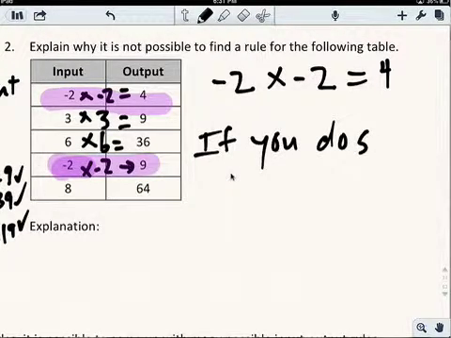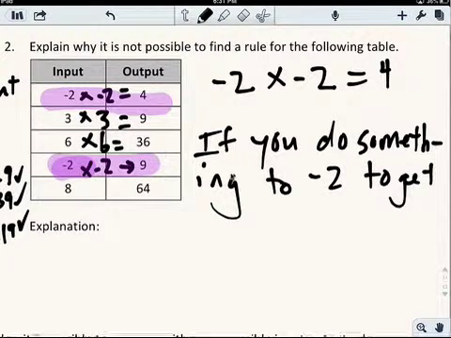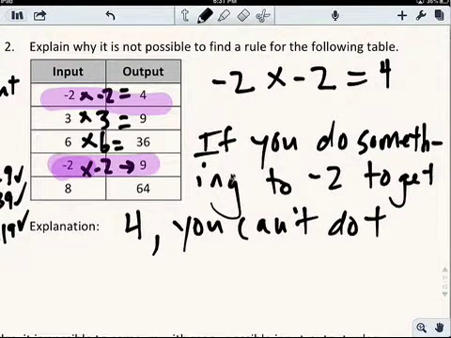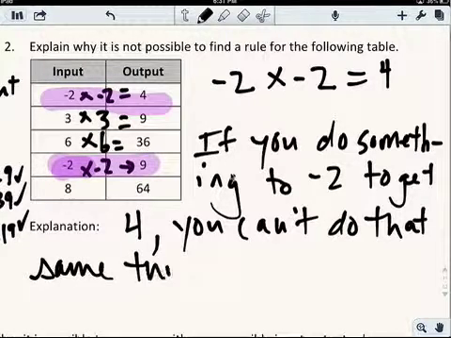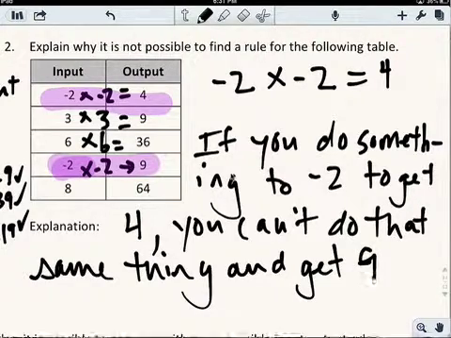If you do something to -2 to get +4, you can't do that same thing and get negative or positive 9.